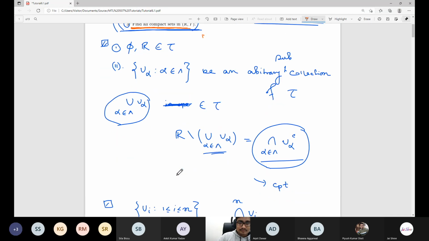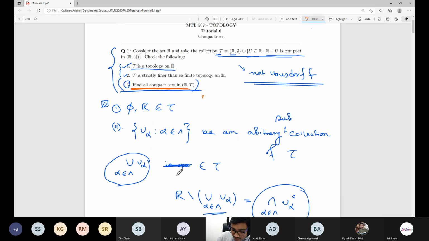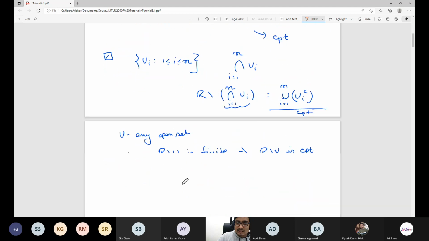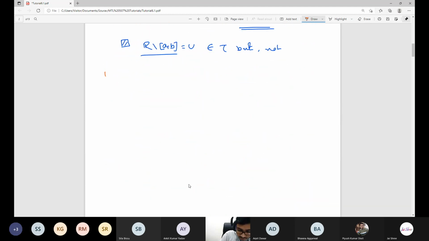Okay. So first try to see whether R is compact here. Is R a compact space? Let us verify.